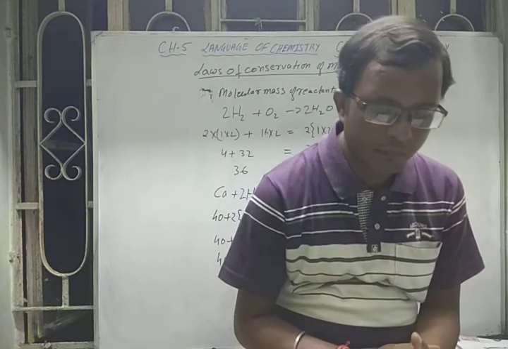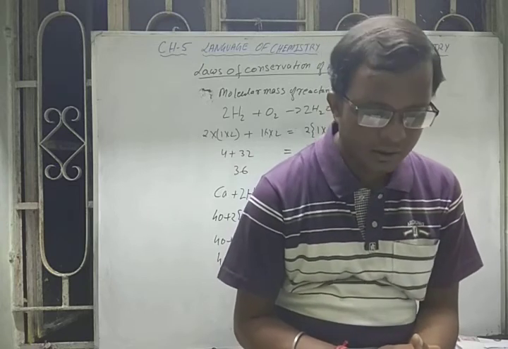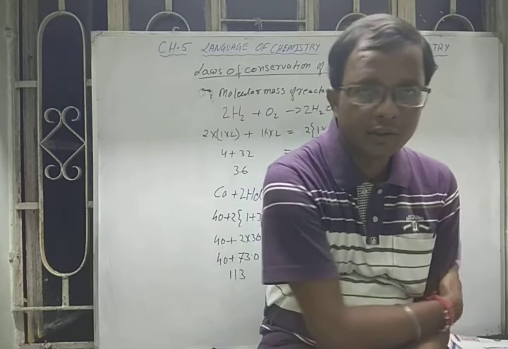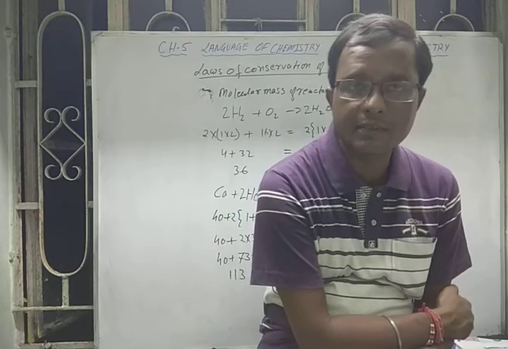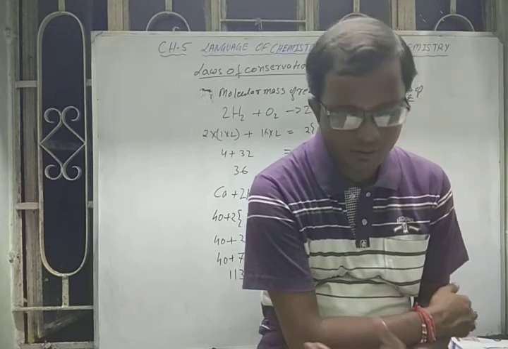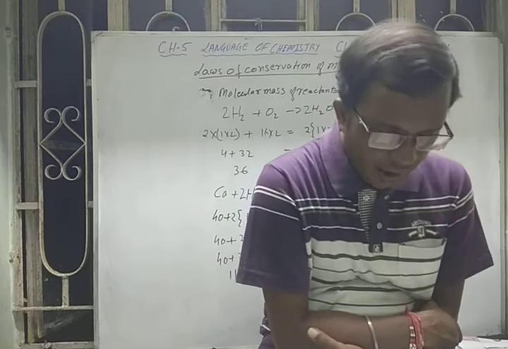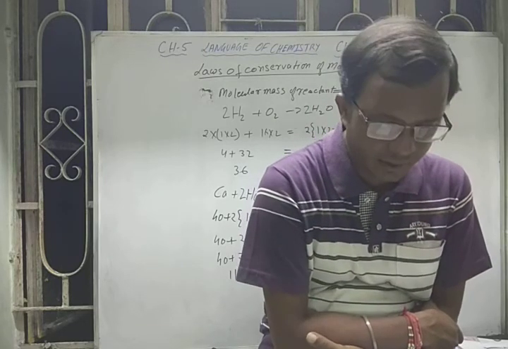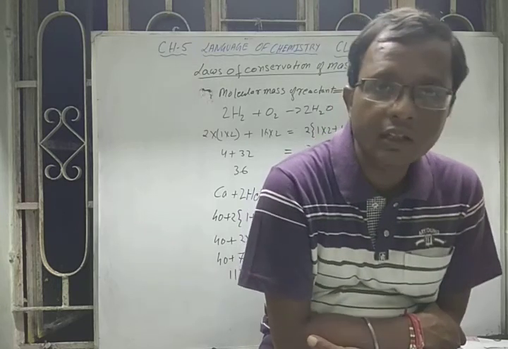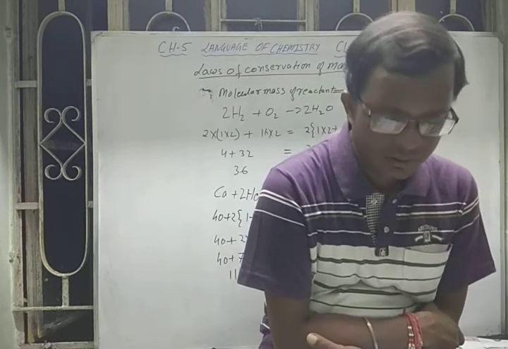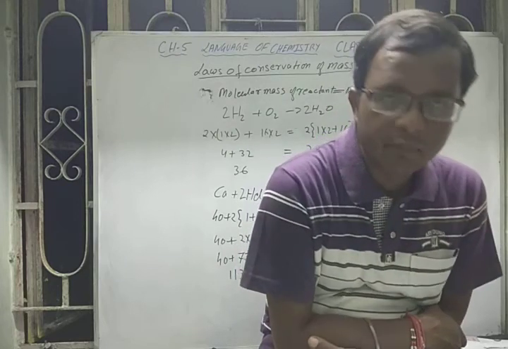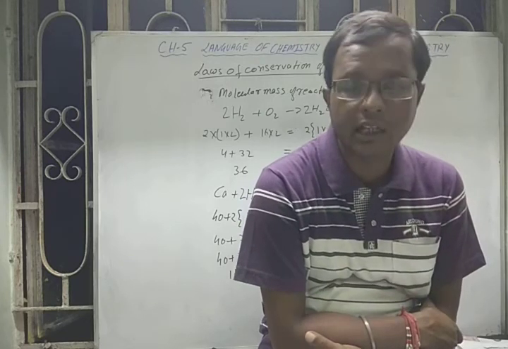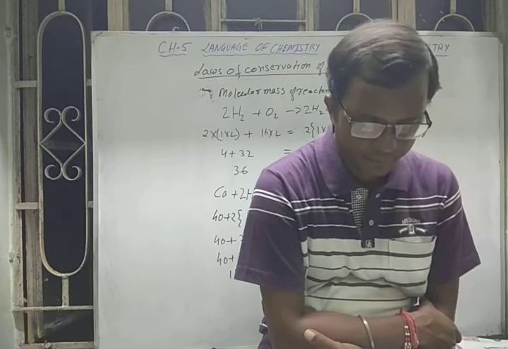Next is the number of molecules of the product and the proportion of the atoms of different elements present in a reactant or product, we can also identify them. And also mass of the reactant and product we can calculate. So writing chemical equation is also very informative. So many information we can gather from a chemical equation.